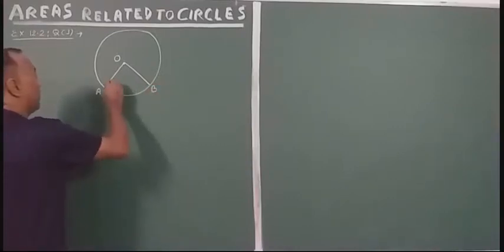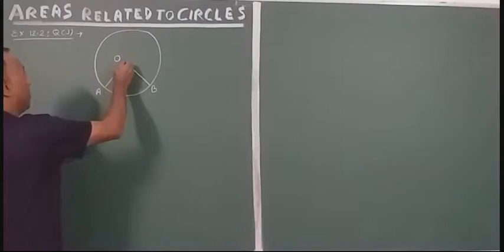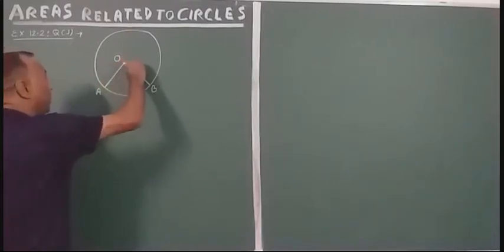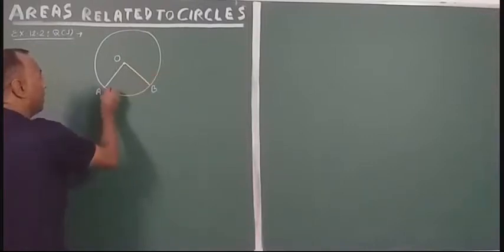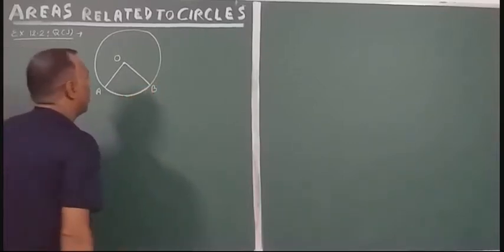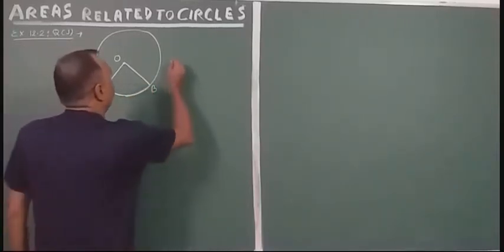Then this area, the area bounded with these two radii and this arc AB is known as sector of a circle.